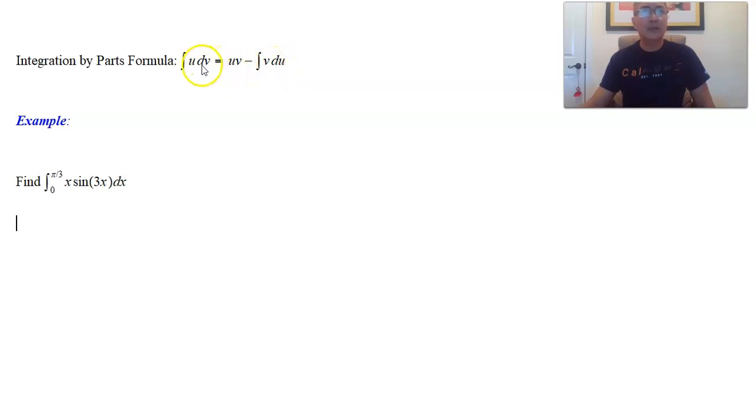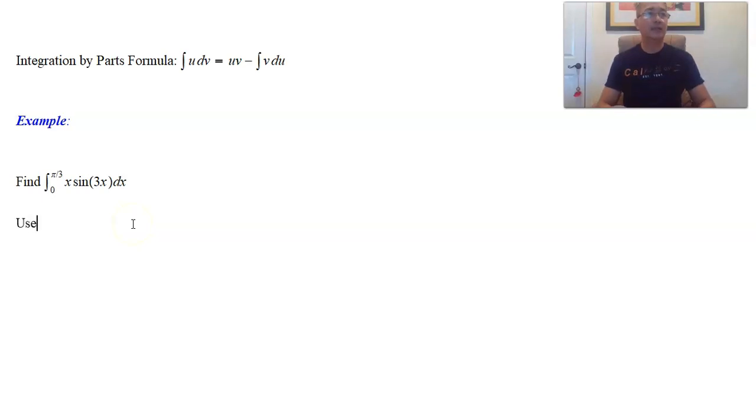So you need to choose a dv which is easy to integrate, and also where this product is easy to integrate. So you have a little double whammy coming up. But if you remember, in this case, a good choice for the dv is the sine of 3x.